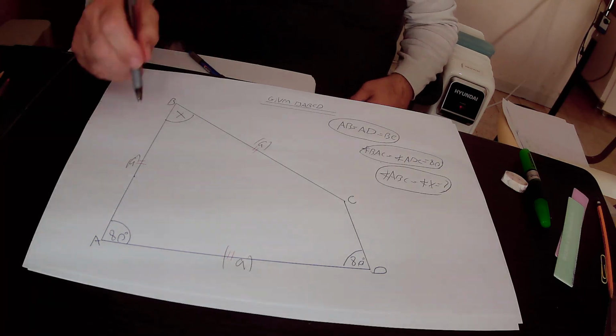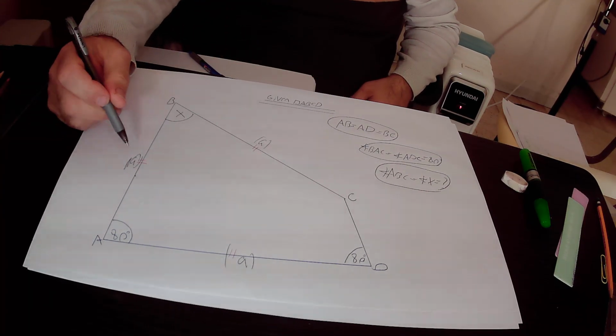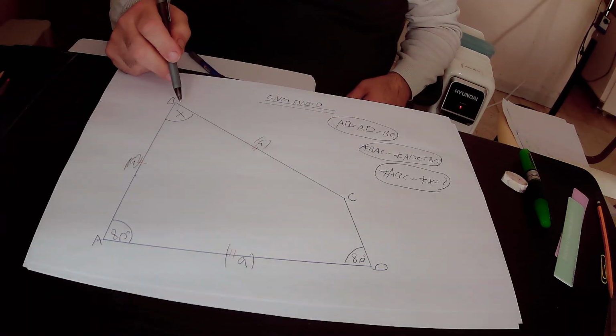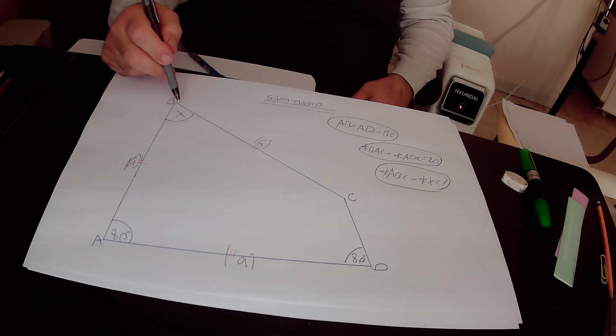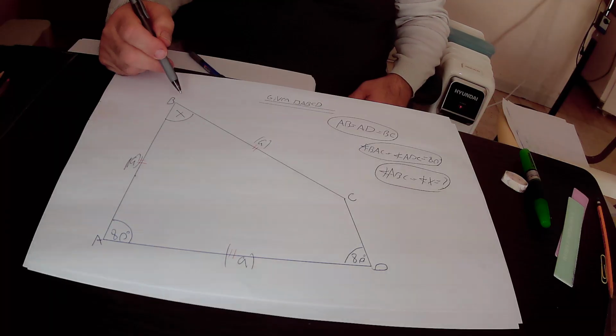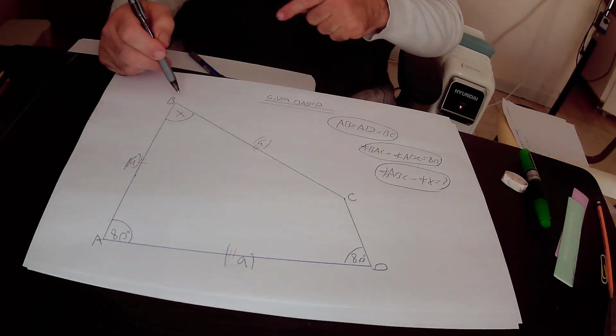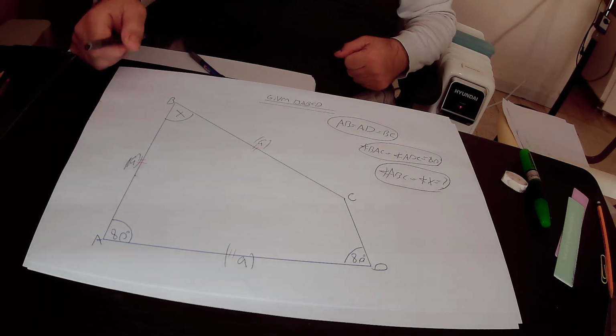Again, our task is to find the size of angle ABC, equals x. First of all, we will join points B and D together by a straight line.